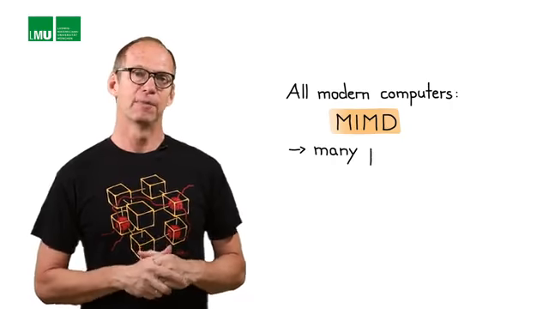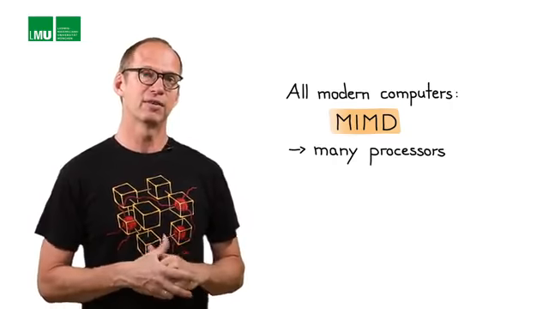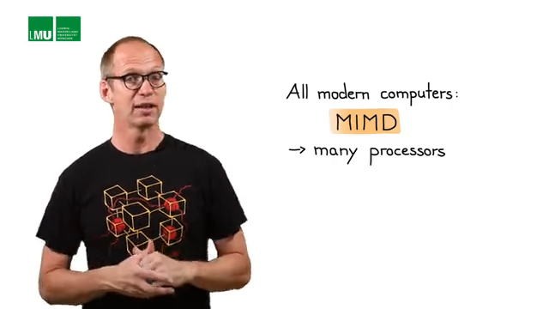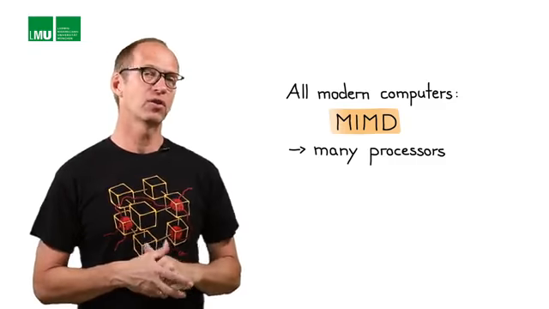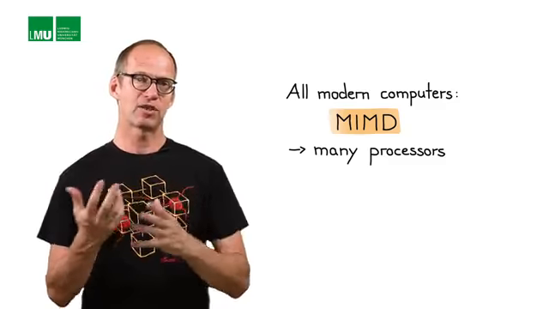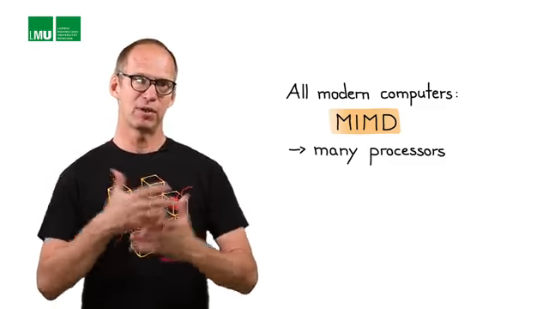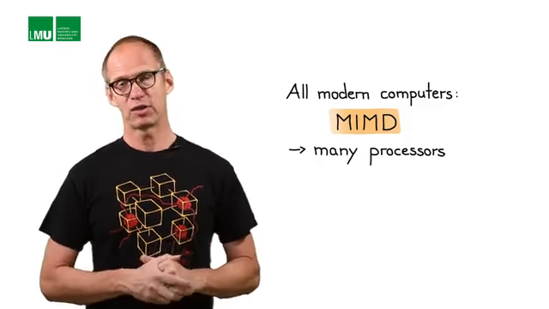So the question is also how to program these machines, and we'll talk a little bit about this later. But let's first look into the question of how memory is accessible when you have such a large number of processing units.